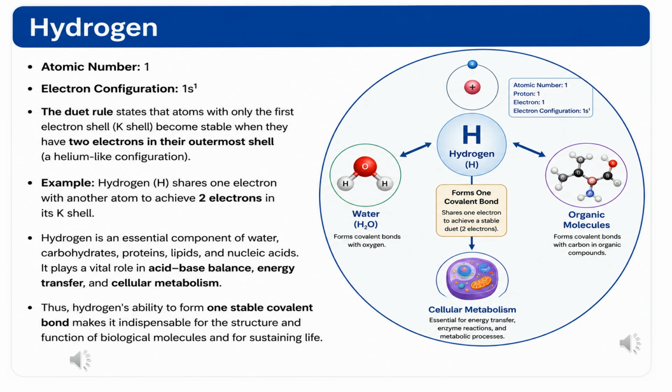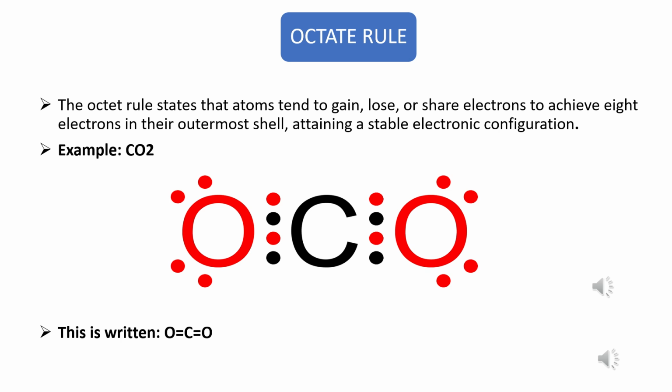It also plays a vital role in acid-base balance, energy transfer, and cellular metabolism. Thus, hydrogen's ability to form one stable covalent bond makes it indispensable for the structure and function of biological molecules and for sustaining life.